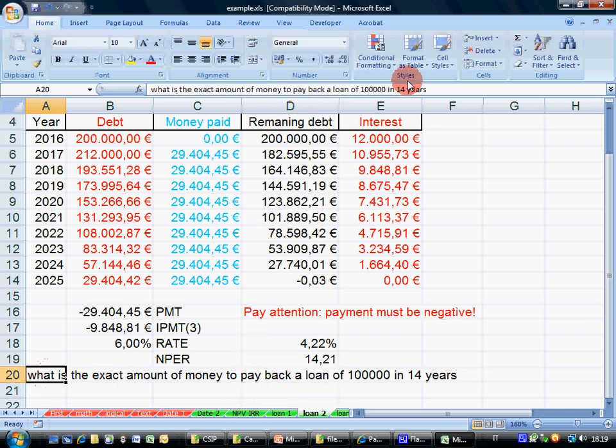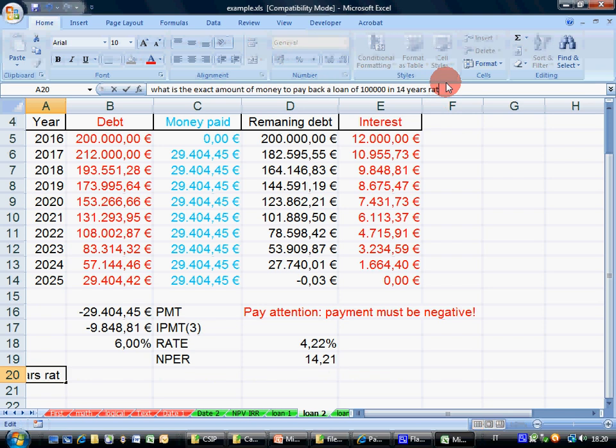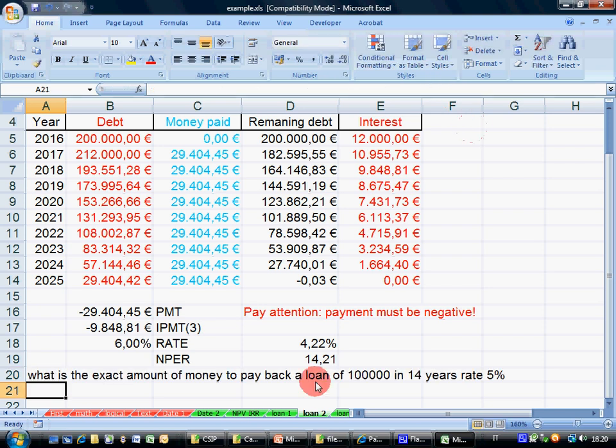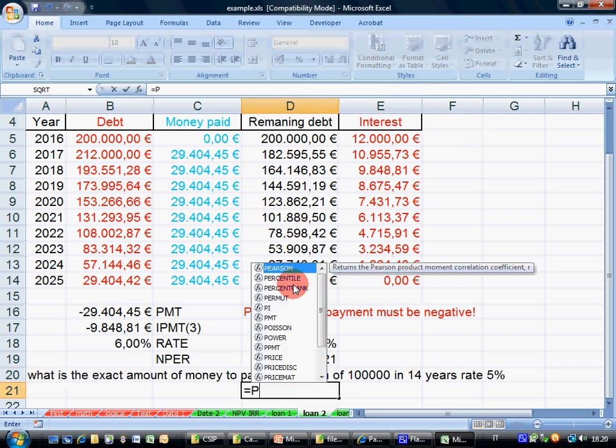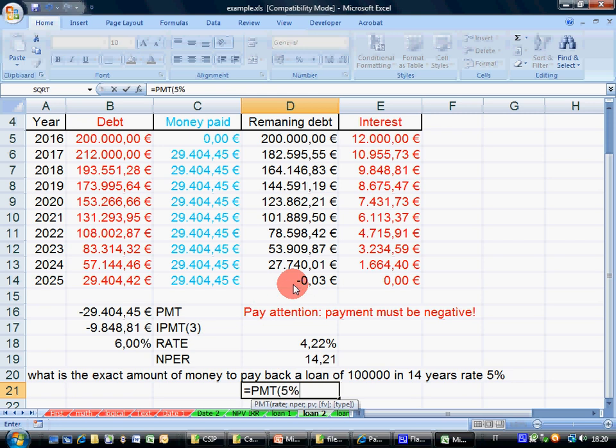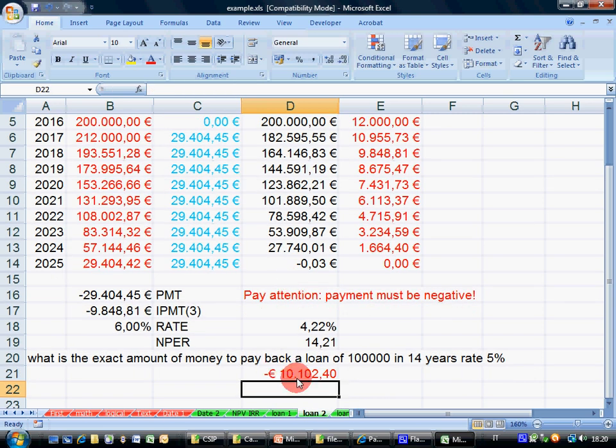So rate 5%, number of periods 14 years, present value 100,000. 10,102.40. It's negative again because for Excel every payment is negative. Okay, so this is how you can pay back a loan.